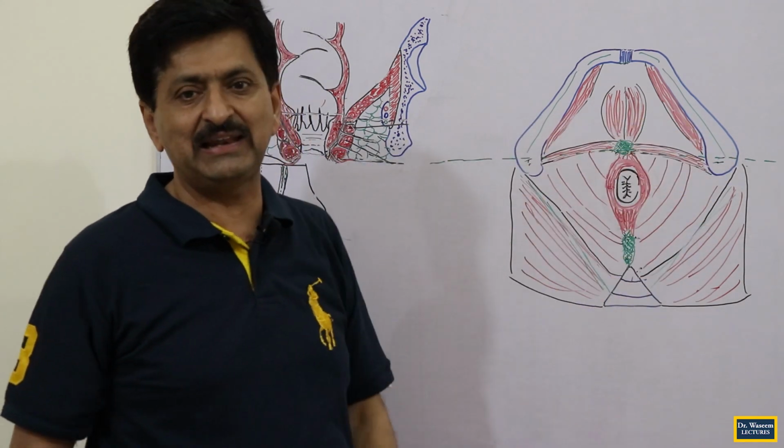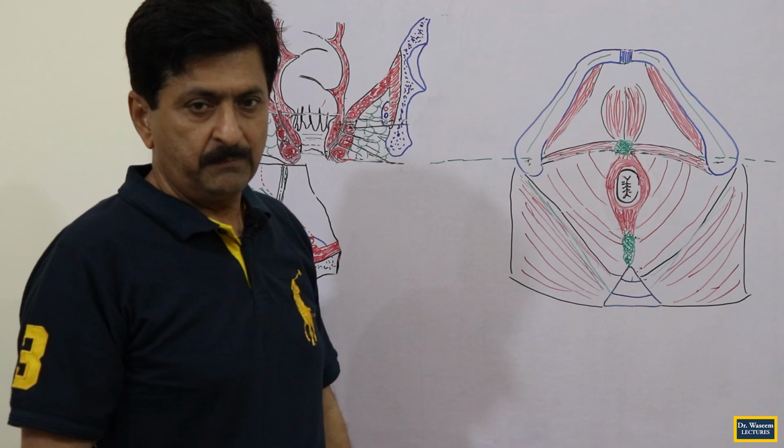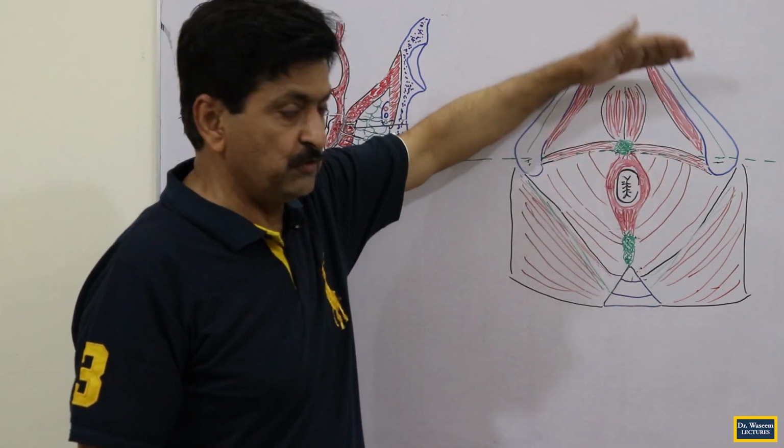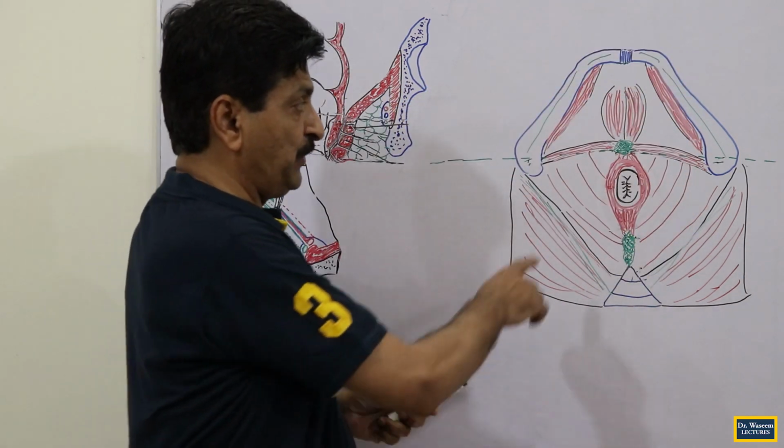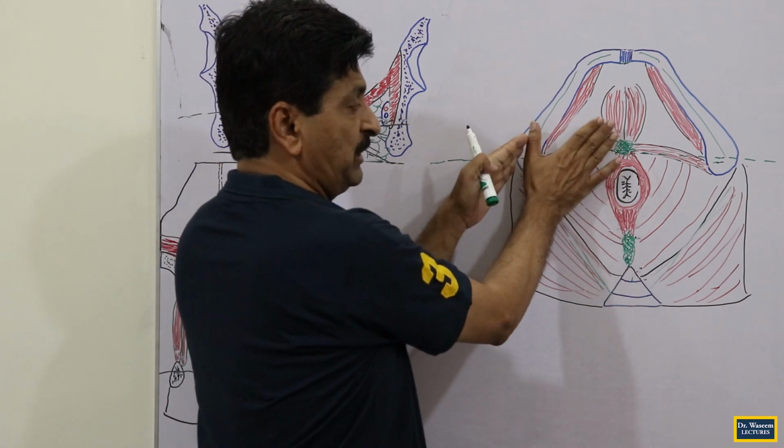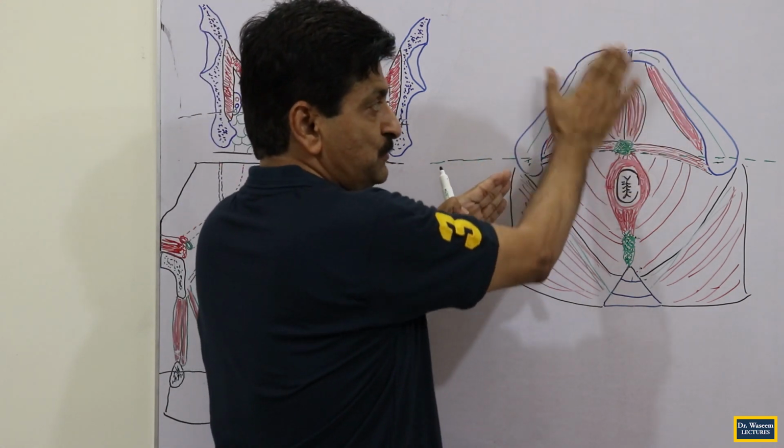That means in the anal triangle area the Colles fascia does not come. Only the skin comes and the fatty layer comes.